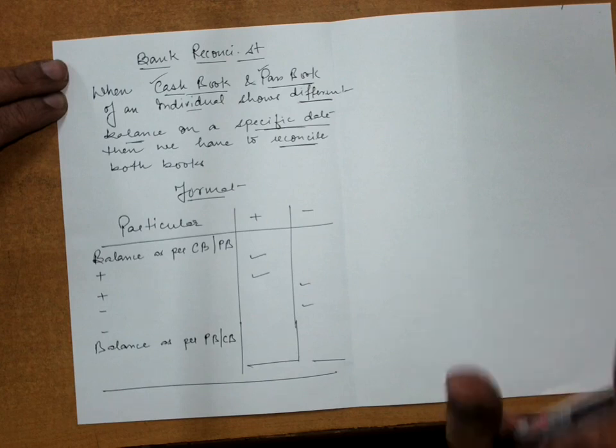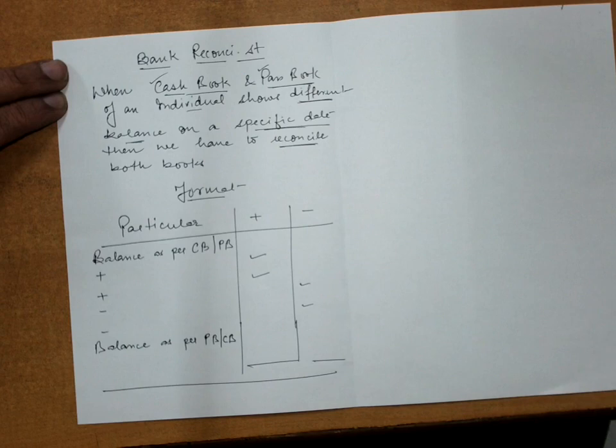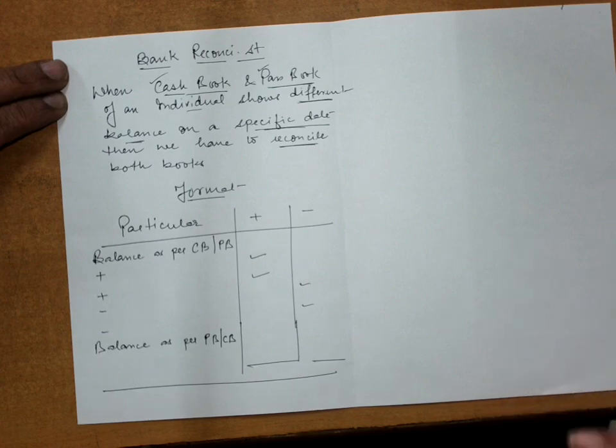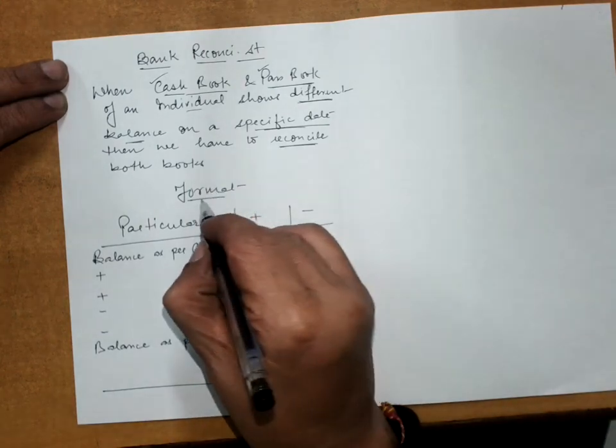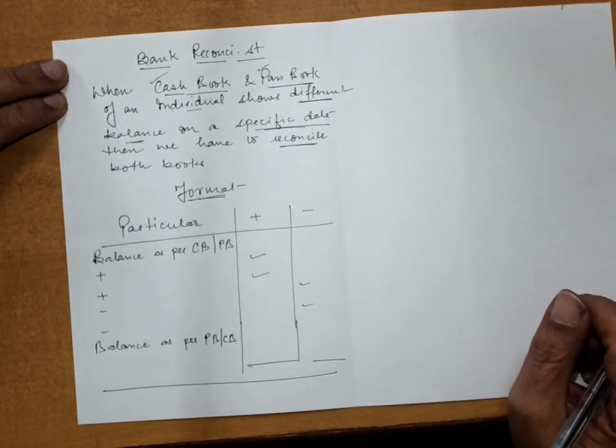So the basic thing, when a cash book and a passbook of an individual shows different balance on a specific date, we have to prepare bank reconciliation statement. Let's see the format, how we have to present in exam.